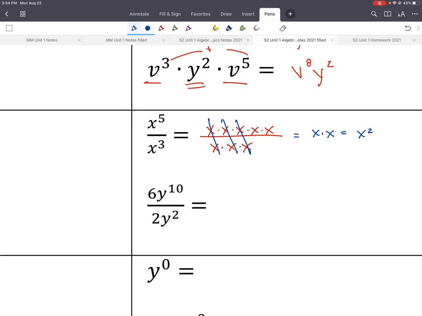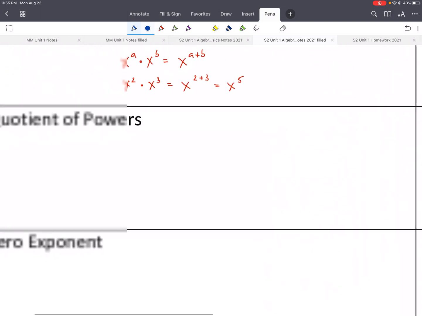So what do you think you're supposed to do when we are dividing like bases? How could we come up with 2 using a 5 and a 3? Well, hopefully you figured out that 5 minus 3 is 2. So this is kind of the rule here.